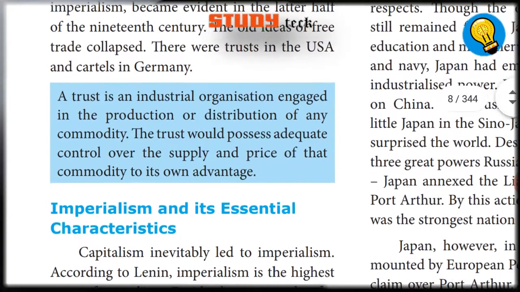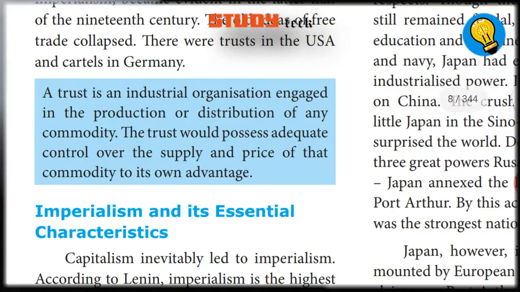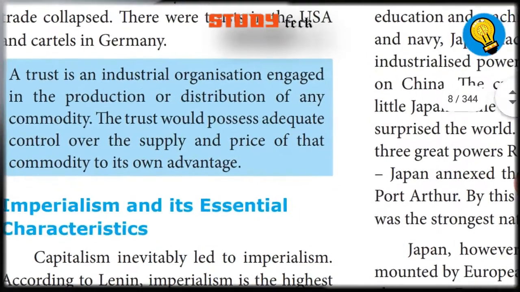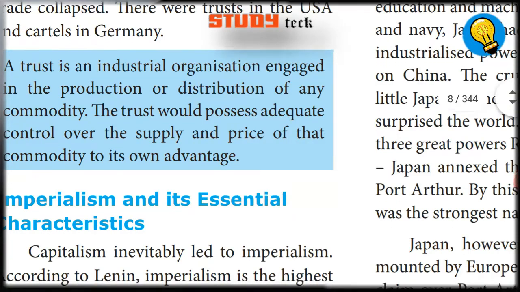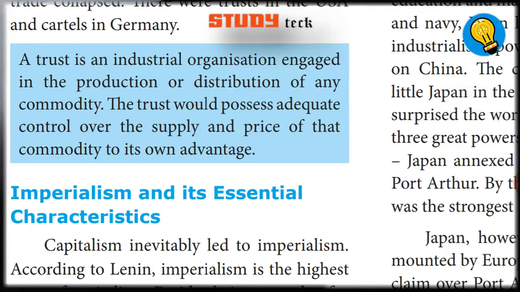The trust has the authority to fix the price of the goods and to decide which goods are distributed in which area. That is the adequate control of the trust.